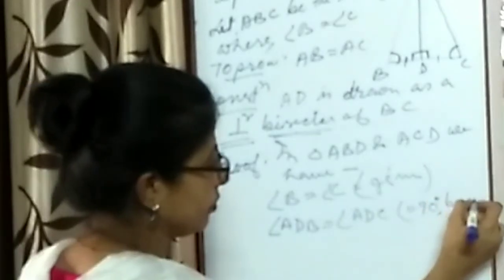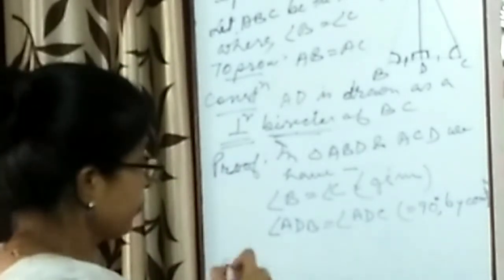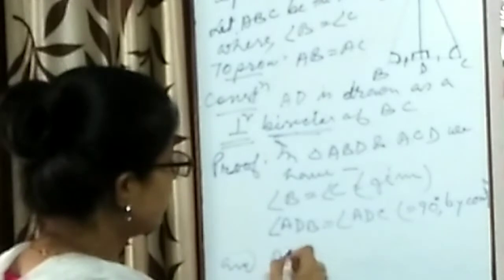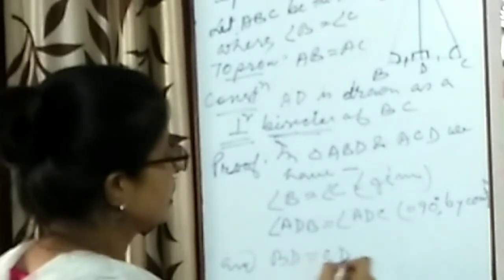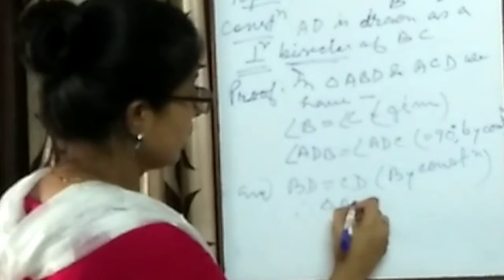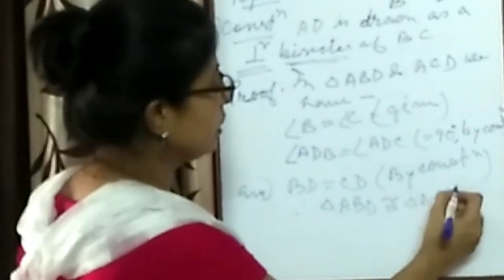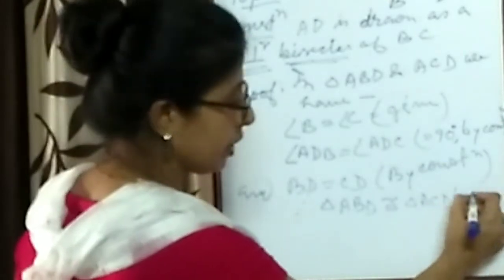Both equal to 90 degrees by construction. And BD equals CD. This is also by construction. Therefore, triangle ABD is congruent to triangle ACD, but this time it would be SAS.